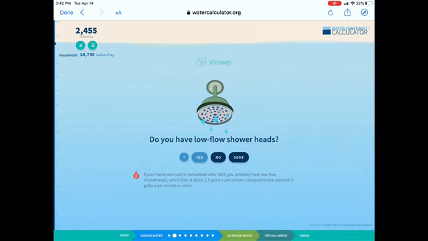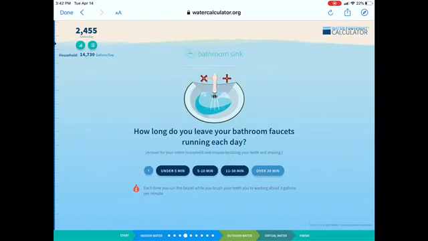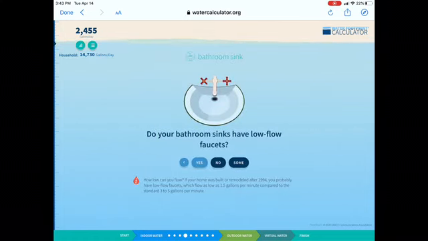They're not the ones that are flush with the top of the shower. So yes, I have those. Do you take baths? No one in my house takes a bath. How long do you leave your bathroom faucets running every day? With everyone, I would say over 30 minutes. So these you're answering for your entire household.